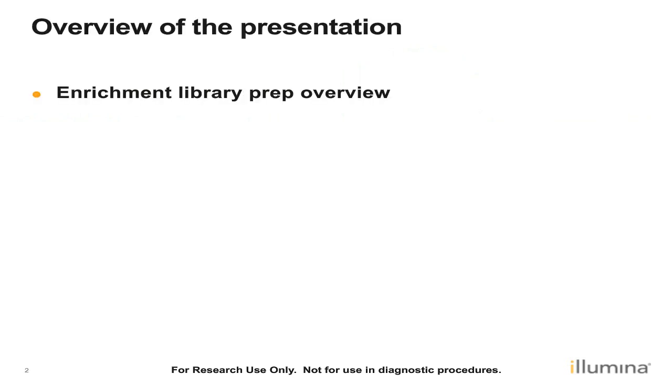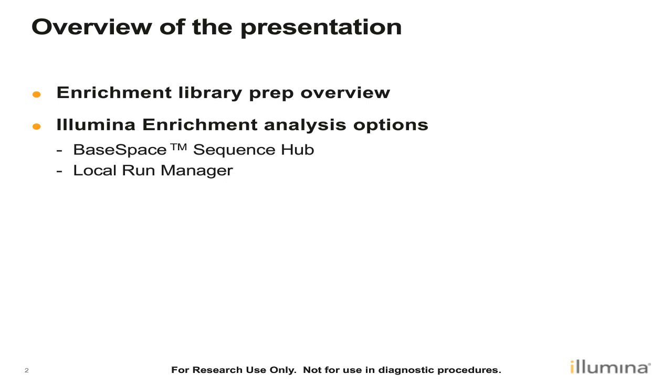So to begin, we'll go over what this presentation will contain. We're going to do a brief overview of what an enrichment library prep looks like. We're going to move into the different analysis options offered by Illumina, including those on our cloud computing platform, BaseSpace Sequence Hub, as well as our local analysis software, Local Run Manager, or LRM.